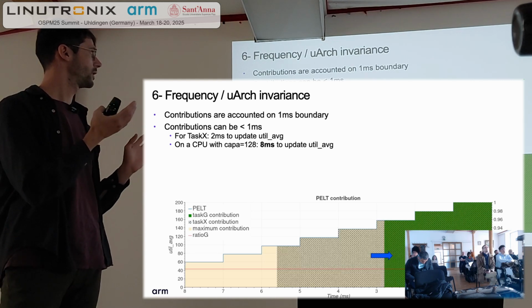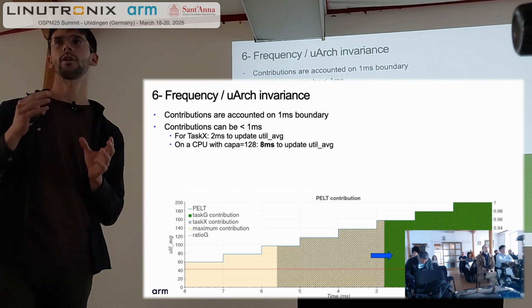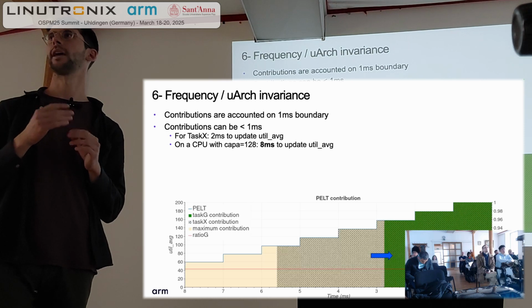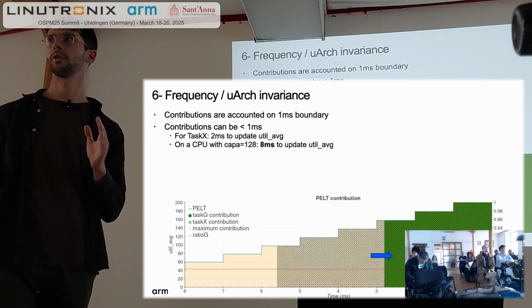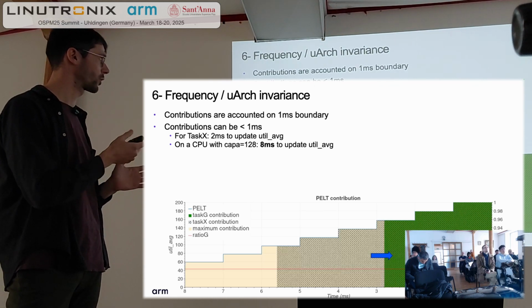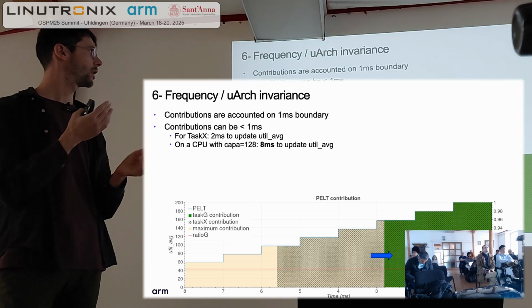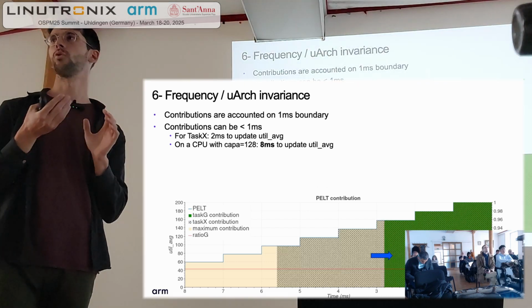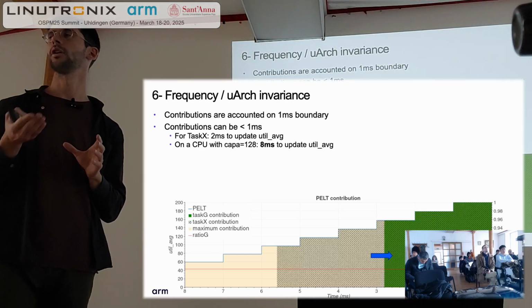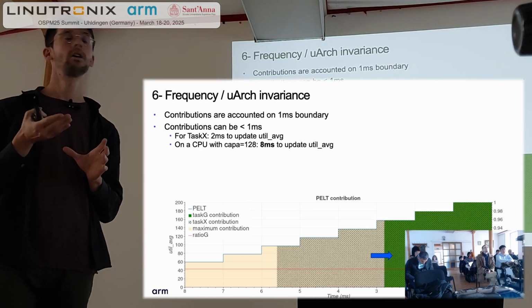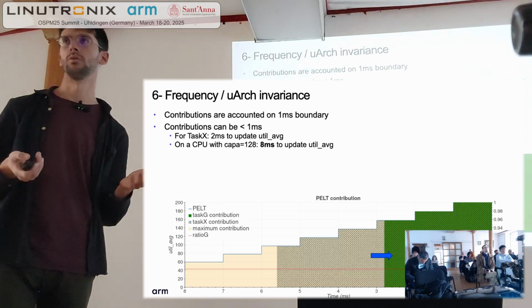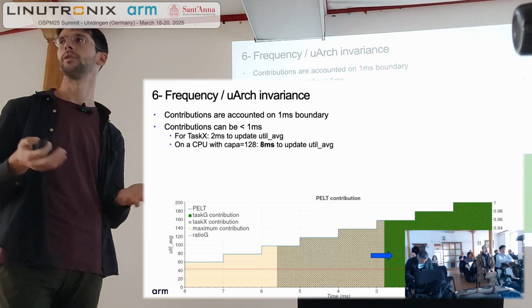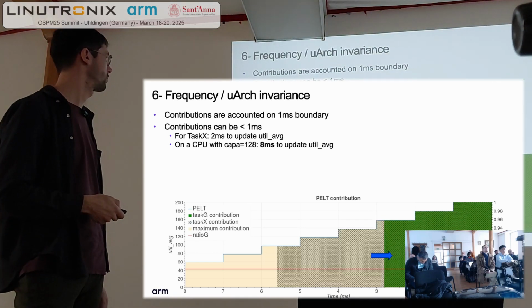It means that in some cases, if the CPU has a really low capacity, it will take much more time to take the contribution into account, because we take a contribution every 1 millisecond. If the CPU is really slow, it can run 8 milliseconds without having the util average signal updated, which is 2 ticks.